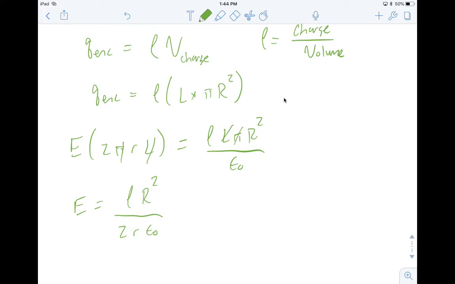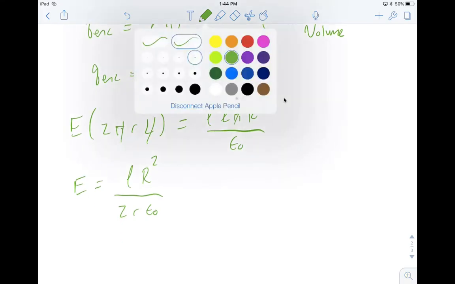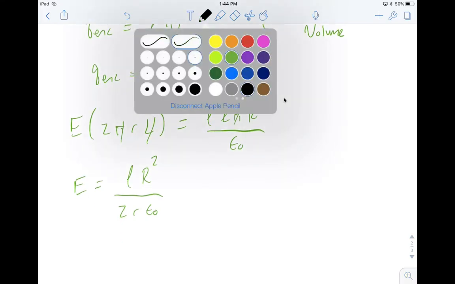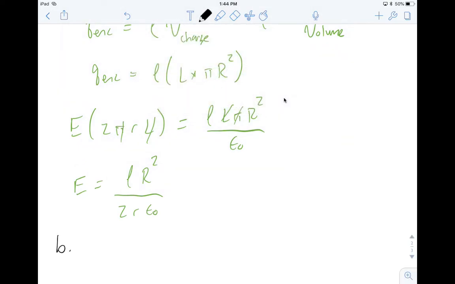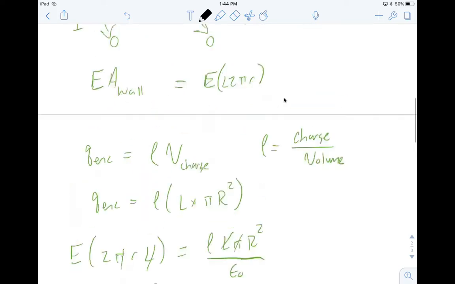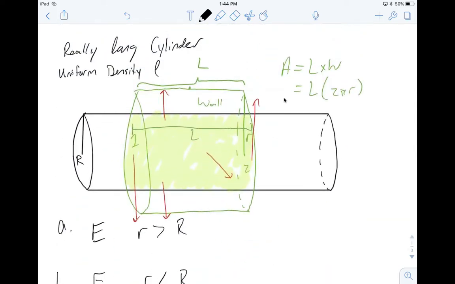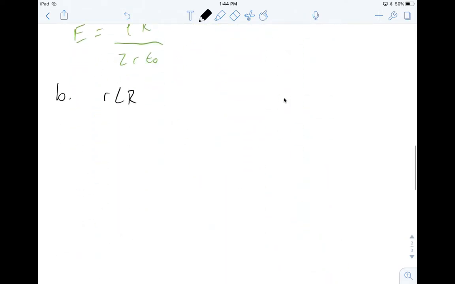Okay, part B. We want to know the electric field when r is less than big R. Now we're going to pick a new Gaussian surface. Let me just redraw all of that.